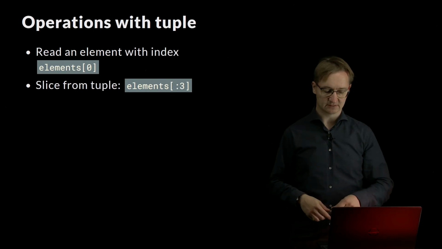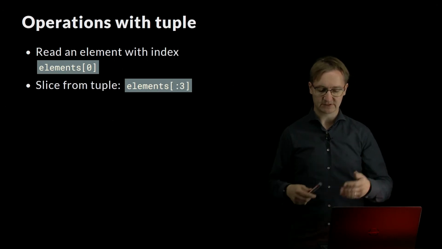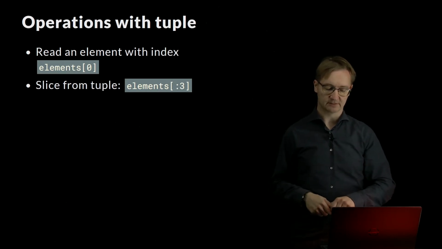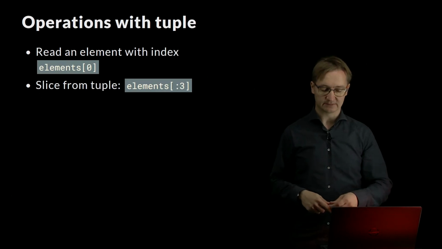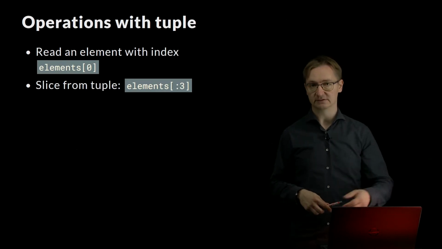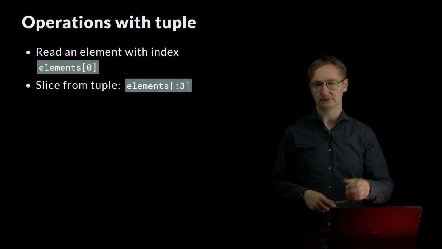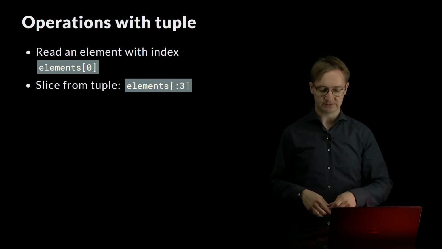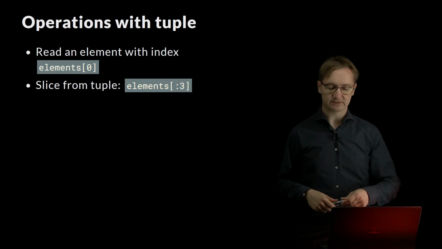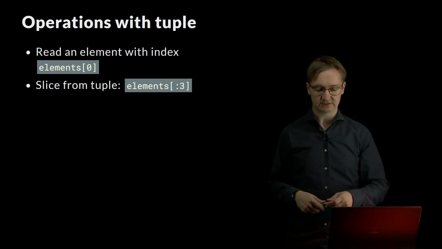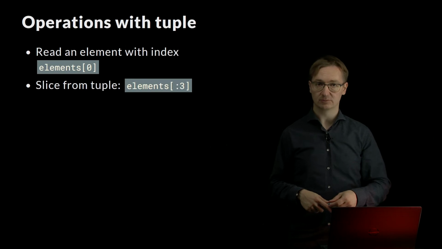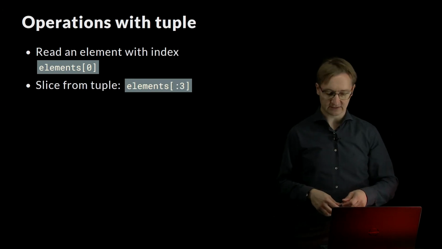Currently the example here is that I start from 0 and end at the element at position 3. The end index is not included, so I will get the first 3 elements, positions 0, 1 and 2. And the result of slicing is also a tuple, so basically everything else works the same as with list slicing.